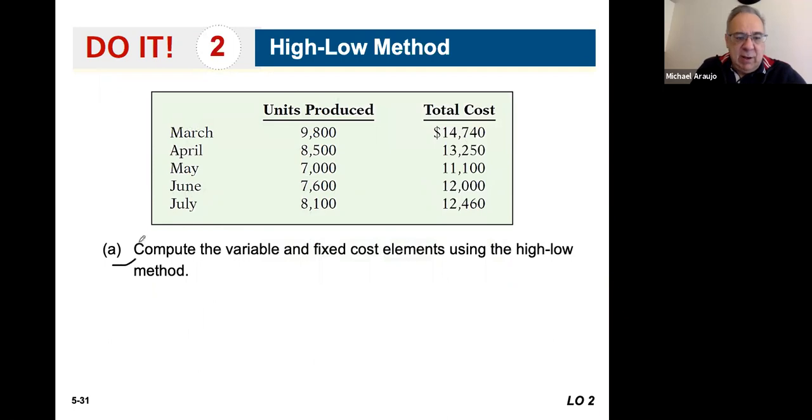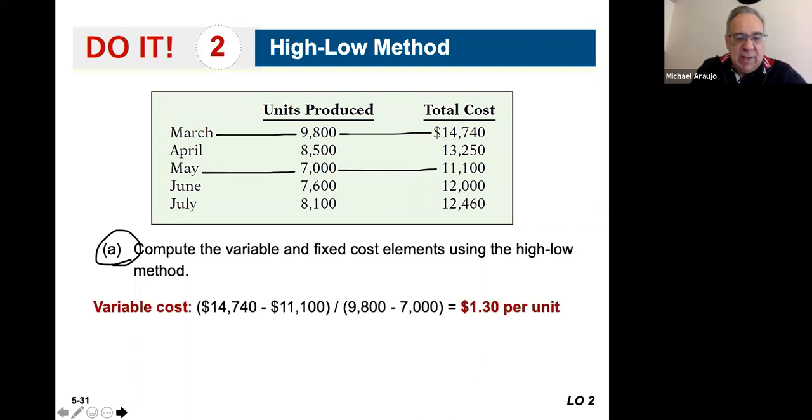So again, here we have the high-low method where we're going to be using March's data and May's data, right? We need both the cost and the units. Costs go first, units go second. And so in this case, we have 14,740 of costs minus $11,100 in costs.